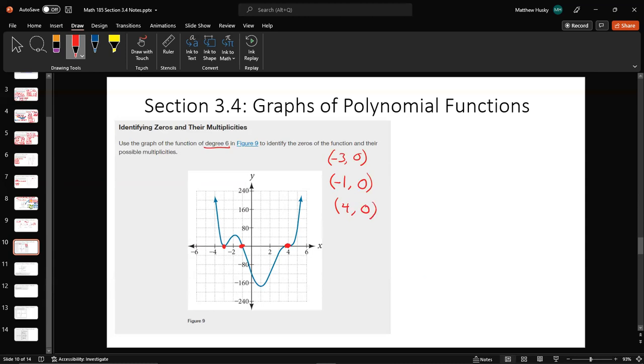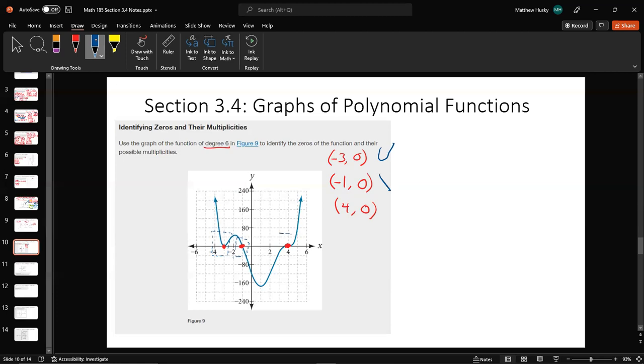We've got kind of a gap, and then you've got this point all the way over here, which is 4, 0. Now, the -3, 0 part, that's bouncing off like so. If you focus on just this part here, what you will notice is that it's sort of like a U shape. If you zero in right here at the -1, that's a lot like a line.